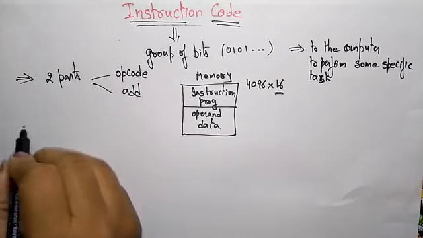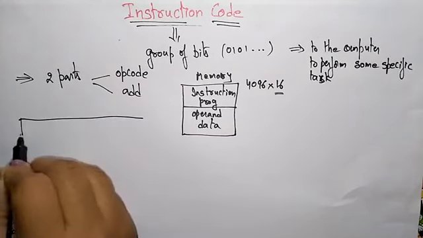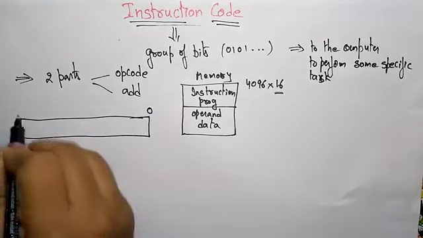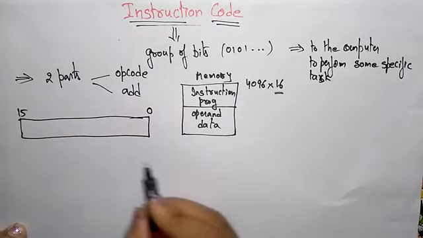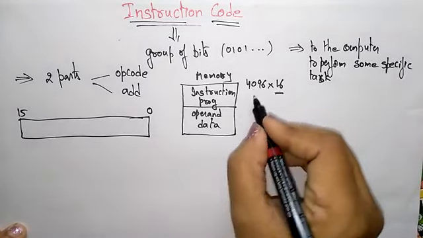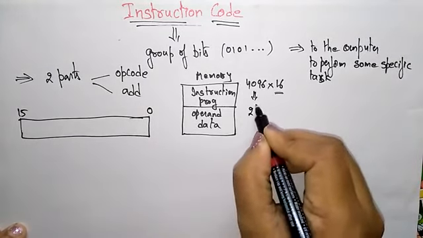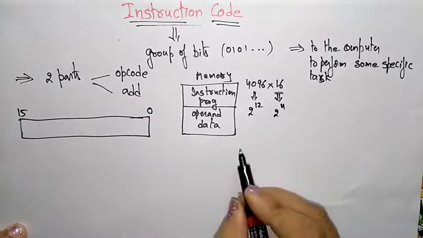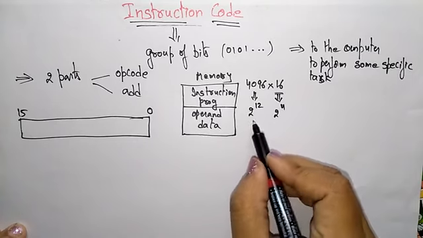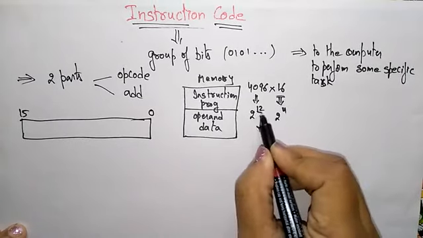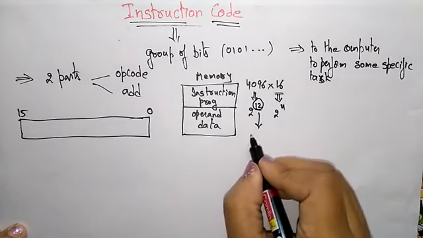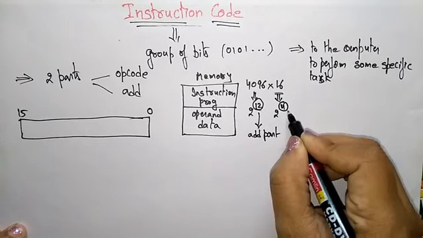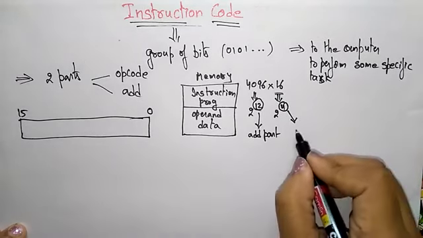So this instruction code format will be divided. It is a 16-bit word, with bits from 0 to 15. 4096 is 2 power 12, and 16 is 2 power 4. Here the 12 bits specify the address part, and the 4 bits specify the opcode.